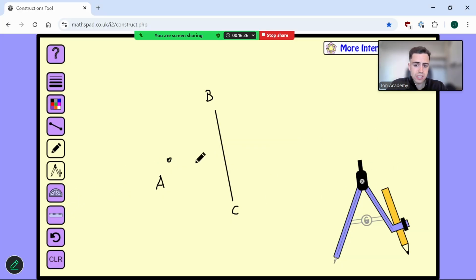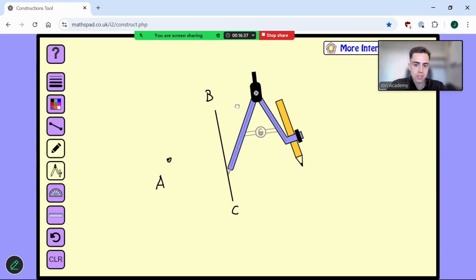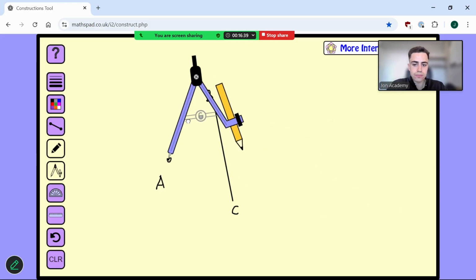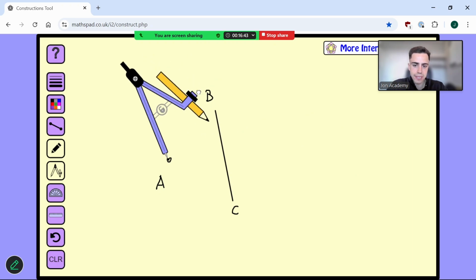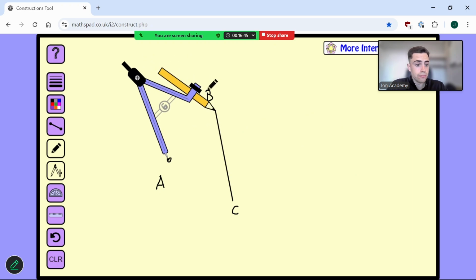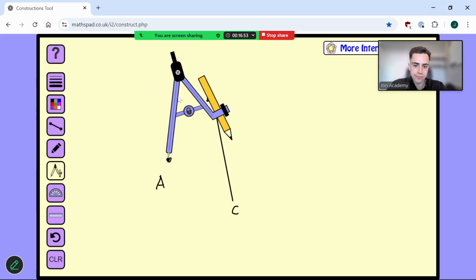So first of all, we need to find a perpendicular line to BC that goes through the point A. To do that, we are going to use the compass. So we are going to locate this edge over there and the pencil or the pen on B. And now with that length, we are going to do something like this.